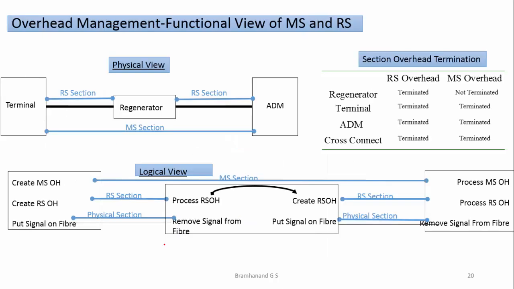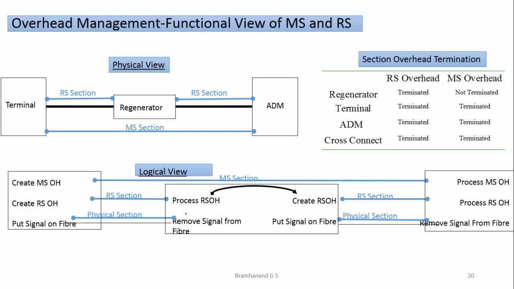This is a typical physical and logical view of what happens in a regenerator and multiplexer. Let's take, for example, a connection that is established between a terminal multiplexer and another terminal multiplexer via a regenerator. The physical layer puts the signal onto the fiber.